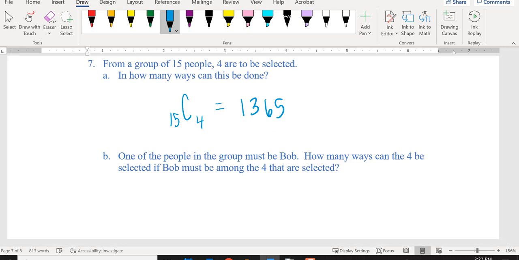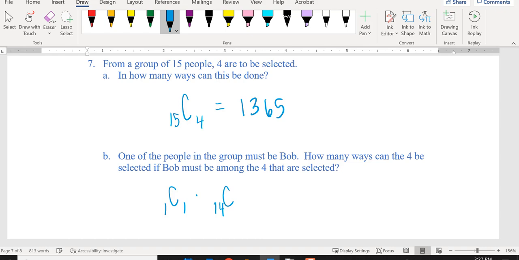One of the people in the group must be Bob. How many ways can the 4 people be selected if Bob must be among the 4 that are selected? All right, so there's a combination of one Bob, and you want to pick one of them. Now, how many members are left? 14?